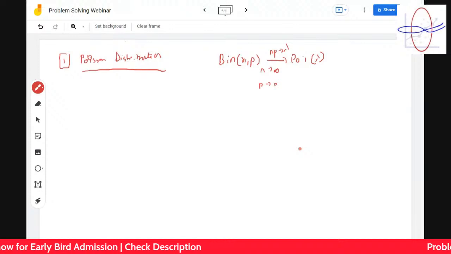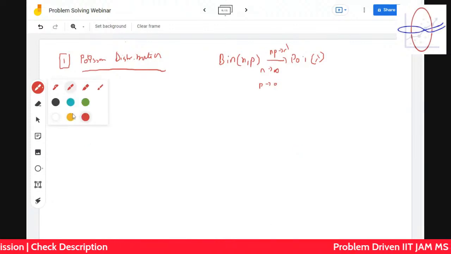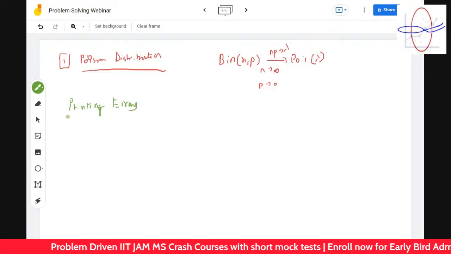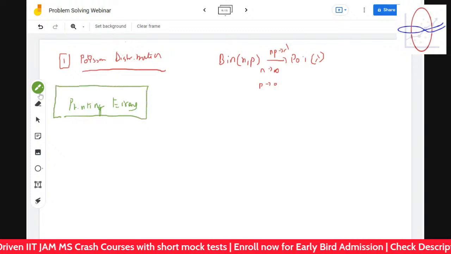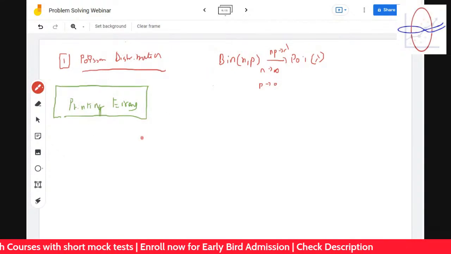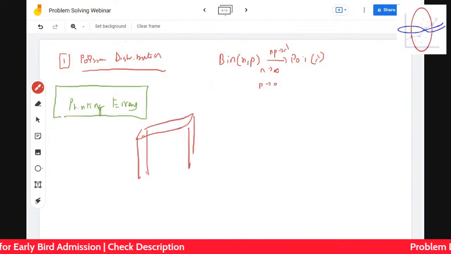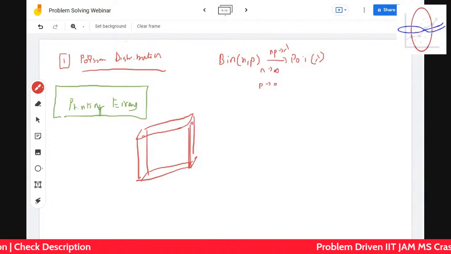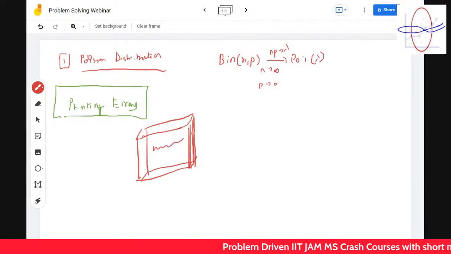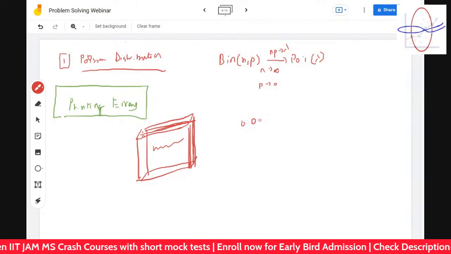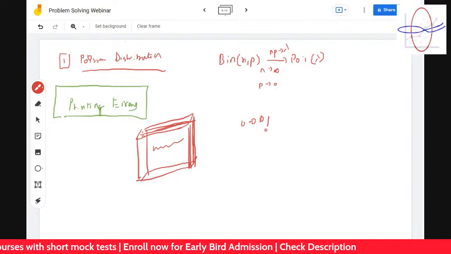Rare events, exactly. We use it to model rare events, and one rare event is errors in books. So, printing errors. You have a book, and each page has some errors, but there is a very low probability of error, like 0.01 or 0.001 typing error.